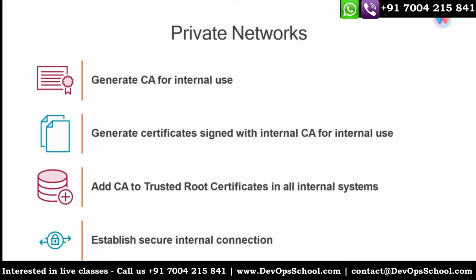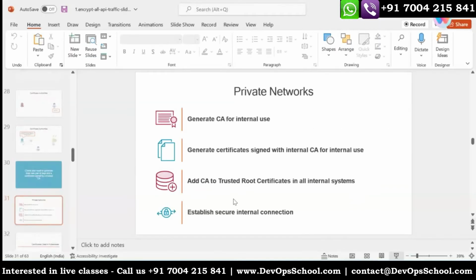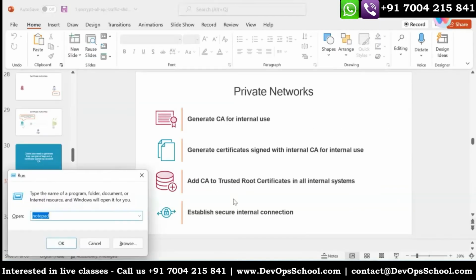So we have the API server. We have the control nodes. Then we have Kube-proxy.